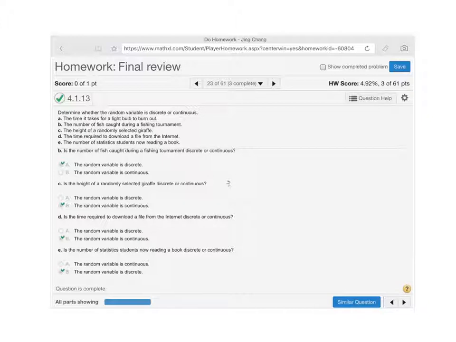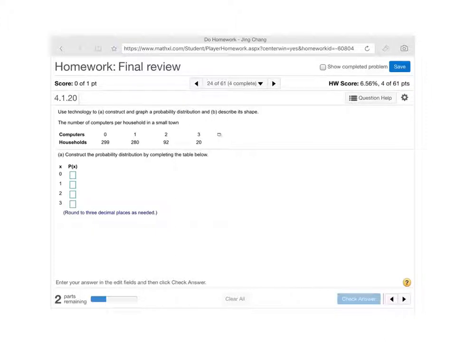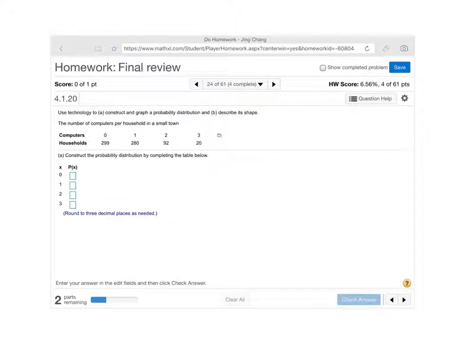And then the next question is about probability distribution. So the probability distribution, just as we showed in chapter 3, is actually the relative frequency. So for 0, we have 299, the number of households that have no computer, and then you divide by the total number.